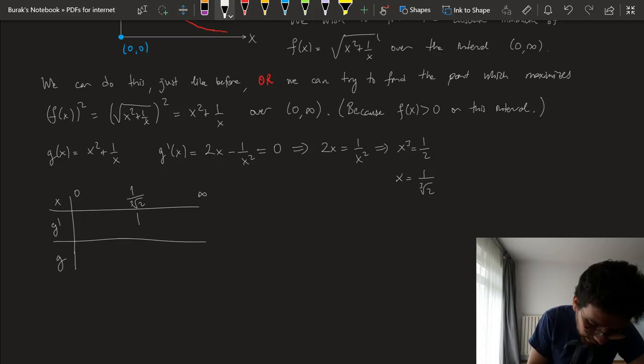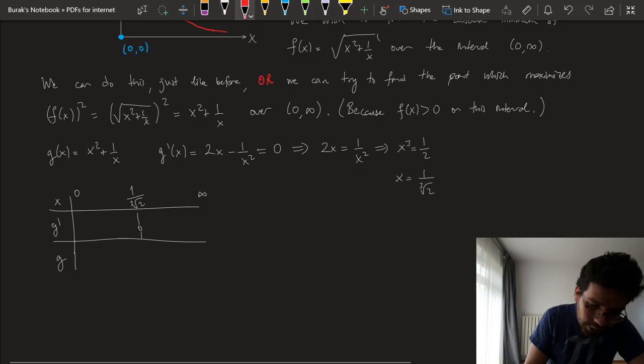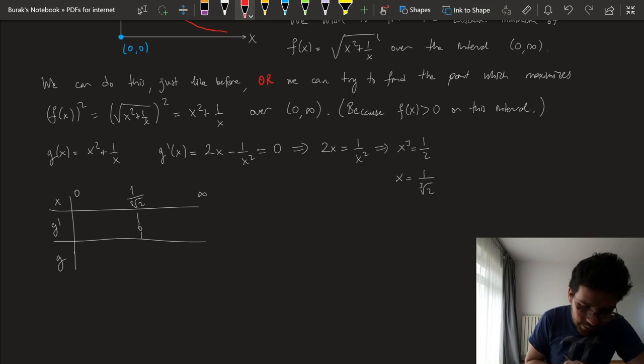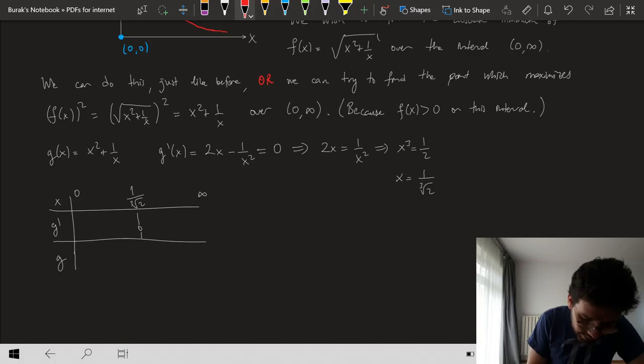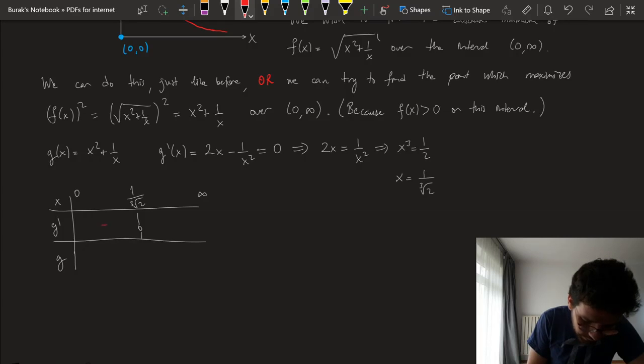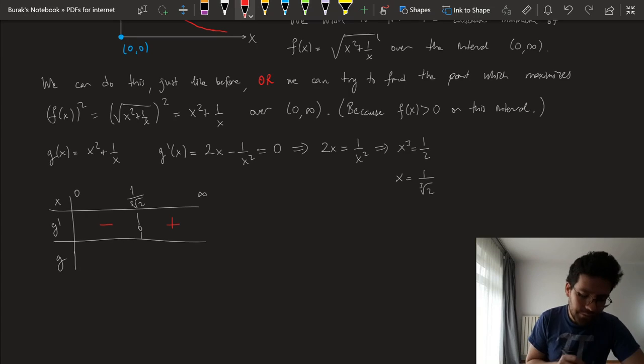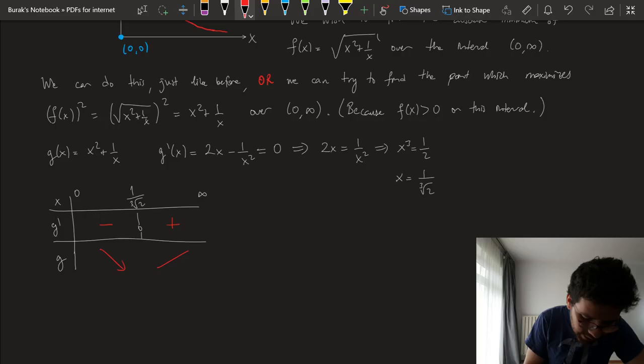And you see that this derivative is negative over here and positive over here. So my function is decreasing and increasing.